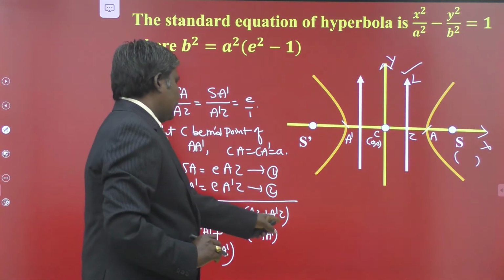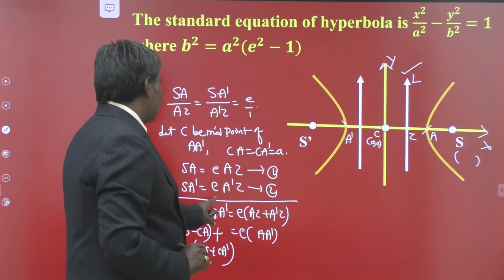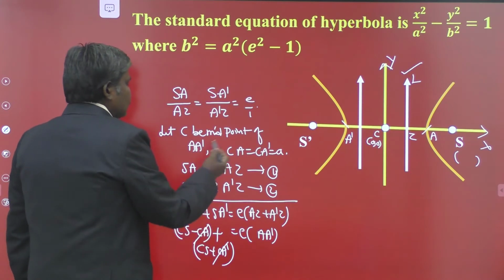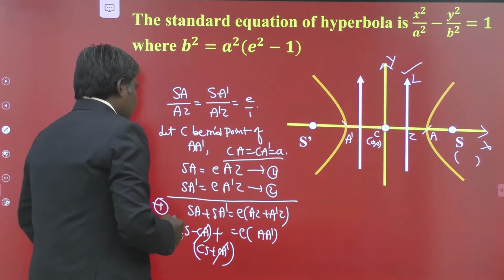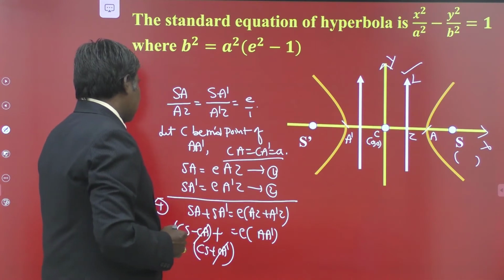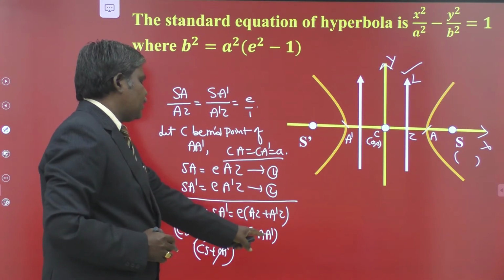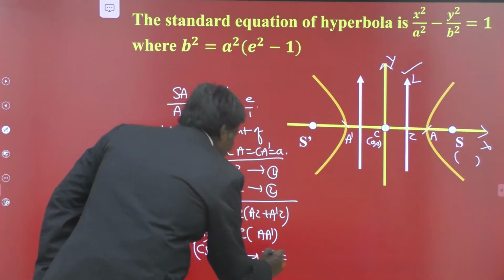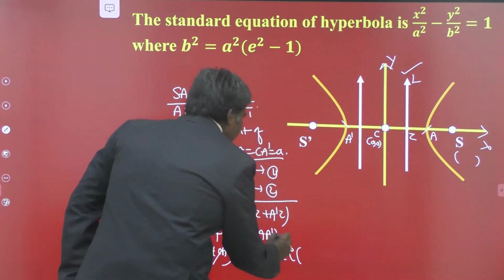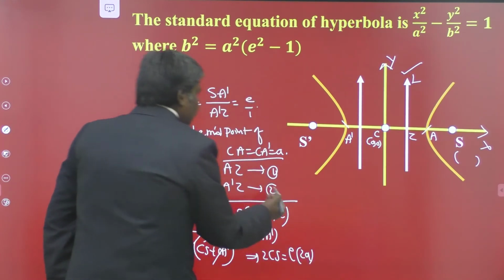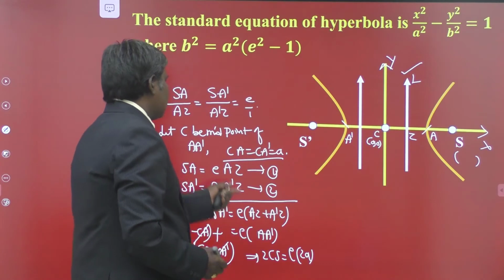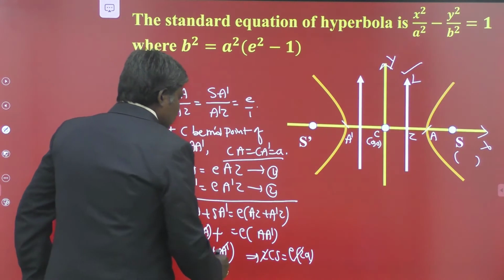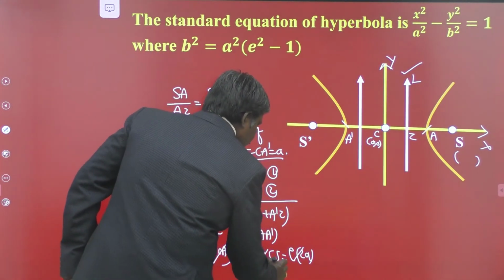So after writing A A dash, the remaining terms should be written in terms of C. CA is equal to CA dash, which we have taken as a. Therefore CA and CA dash get cancelled, and we have 2CS is equal to E times A A dash, which is 2a. CA plus CA dash is nothing but A A dash, that is a plus a, we have 2a. So 2 gets cancelled, and we have CS is equal to aE.